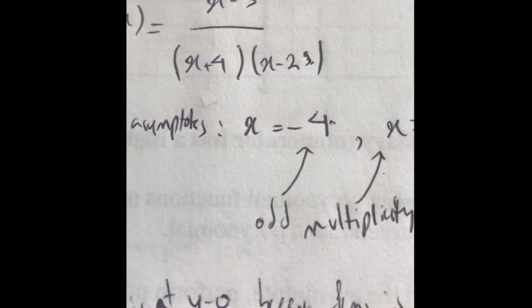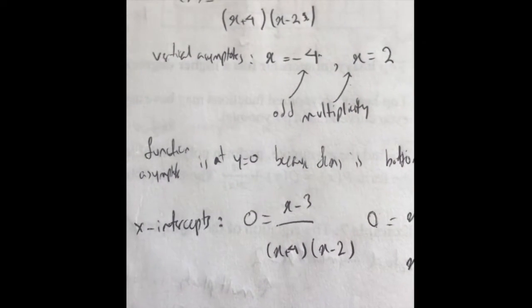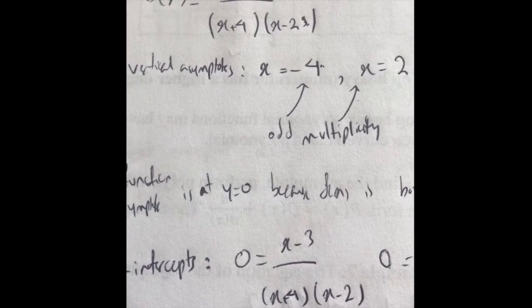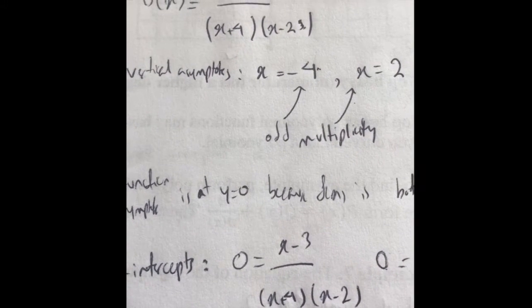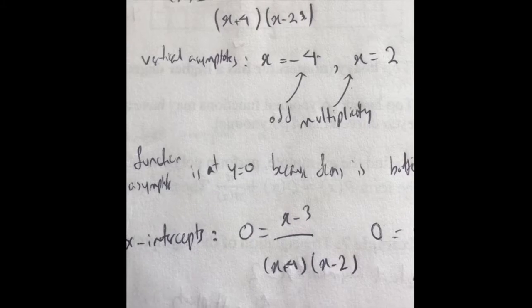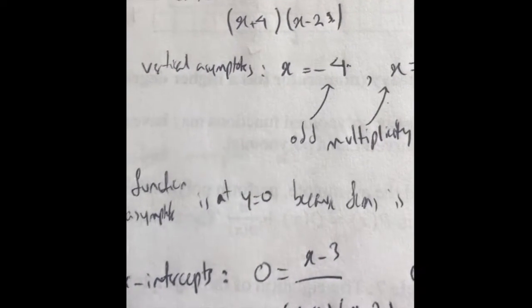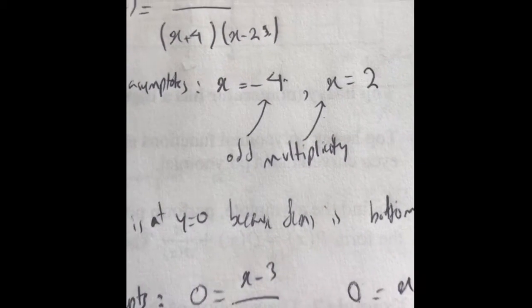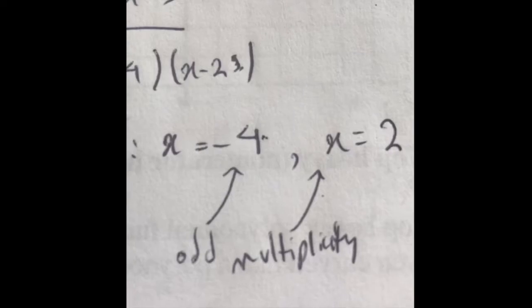And on the other hand, if x was to be 2, we would also get a denominator of 0, which would give us another asymptote, at which we cannot have x minus 2 be divided by 0. Now, as you can see, the asymptotes we have are not at the same point, which means that they have odd multiplicity.